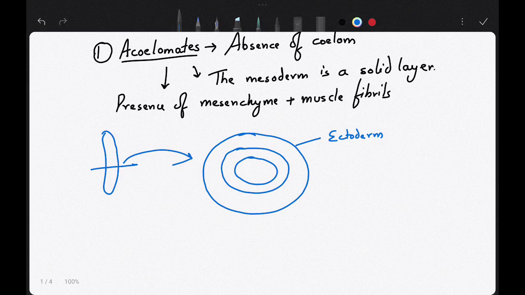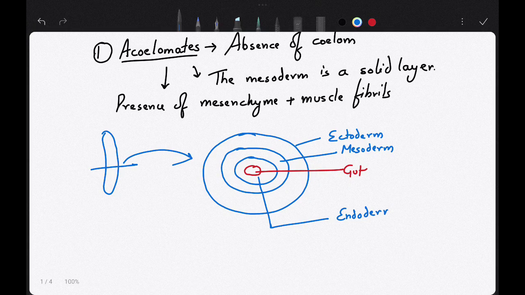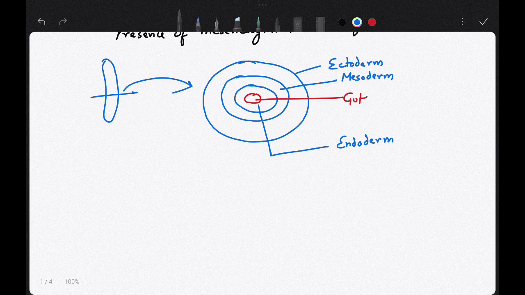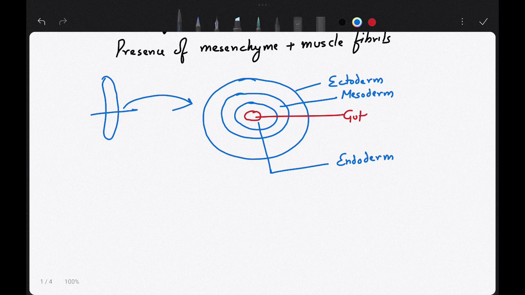Let's draw the gut like this. Now this is the mesoderm and this is the endoderm. The region between the ectoderm and the endoderm is filled with mesenchyme and muscle fibrils.